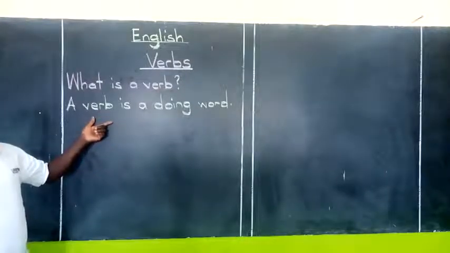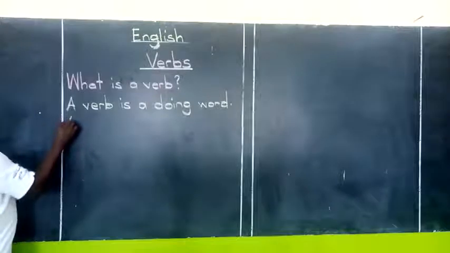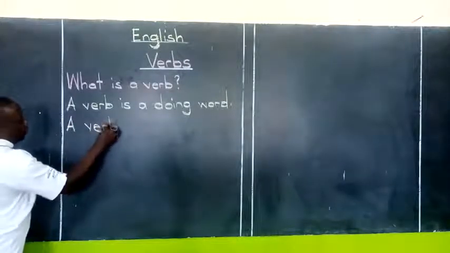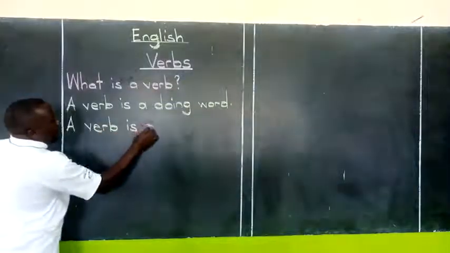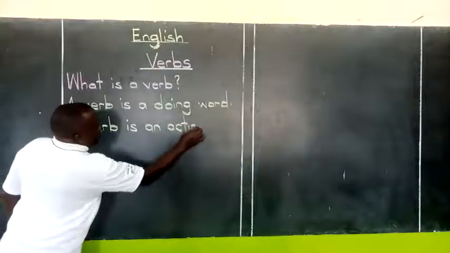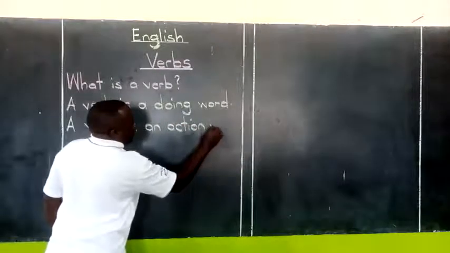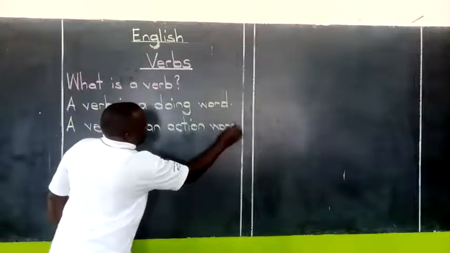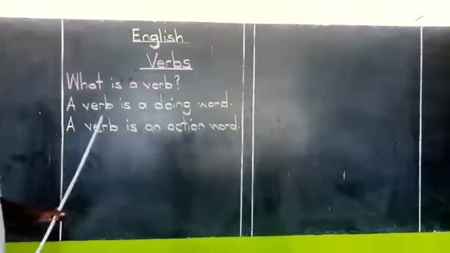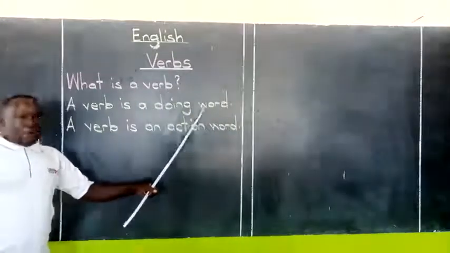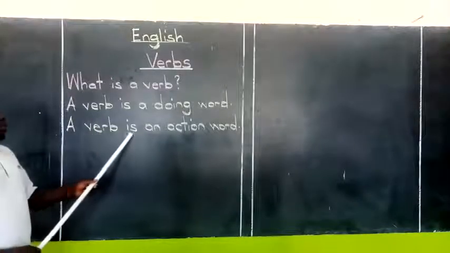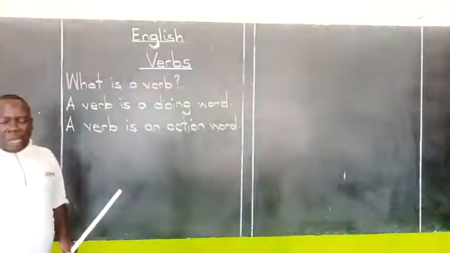Another one, you can say a verb is an action word. So we have two answers. The first one says a verb is a doing word. The second answer says a verb is an actioning word.